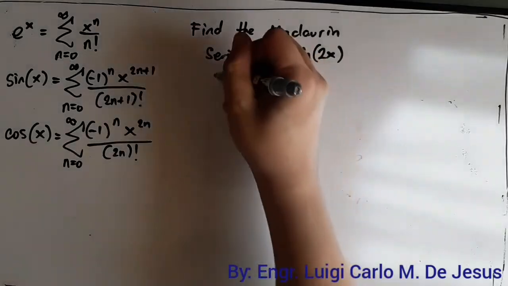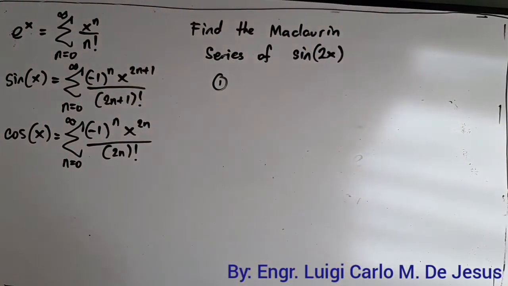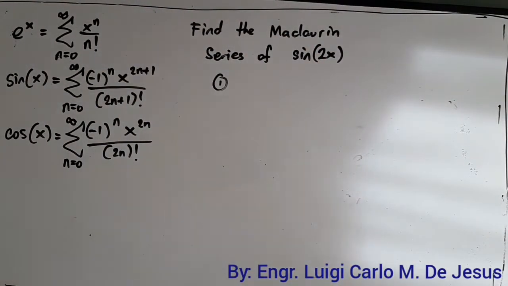Step 1. Earlier, I discussed the three most basic equations of the Maclaurin series. You must memorize these three basic equations, which are shown on the left side of the video: the e sub x, the sine x, and the cosine sub x.